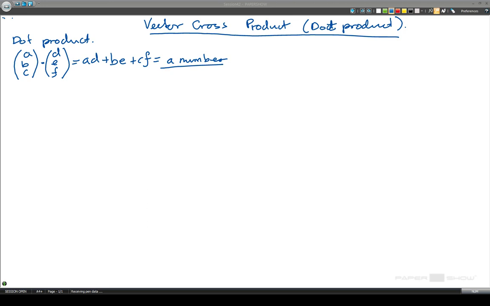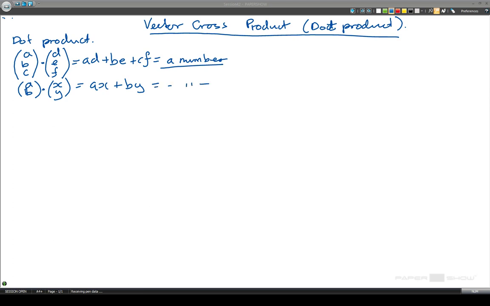Now the dot product can easily be applied to a vector of 2 dimensions. If you have (a, b) dot (x, y), then the dot product is ax plus by, and again it's just a number.